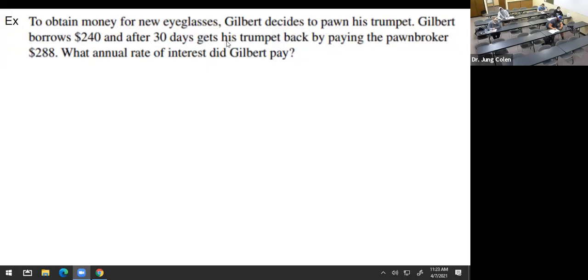After 30 days, he gets his trumpet back by paying the pawnbroker $288. What does that tell you? When he pays that $288, is that solely interest? This includes how much he borrowed and the interest, right? So how much is the interest then?